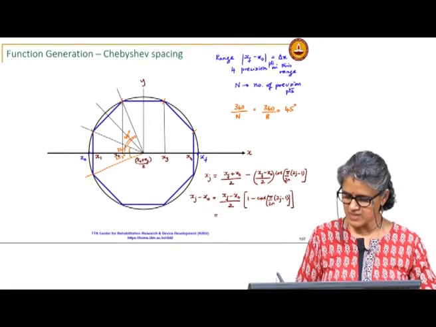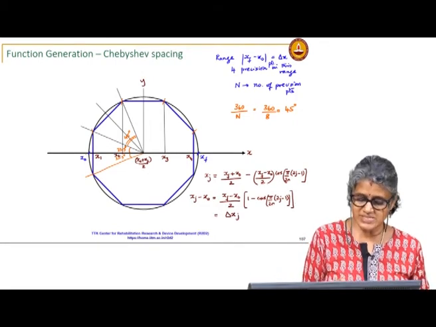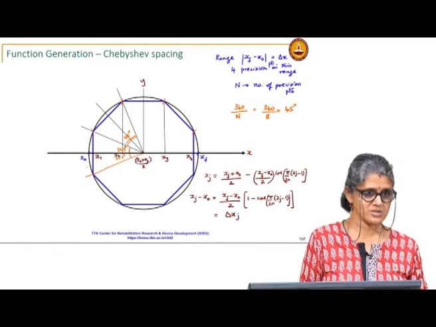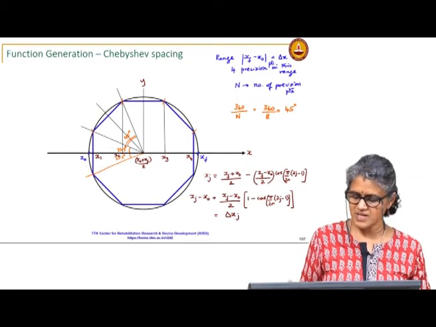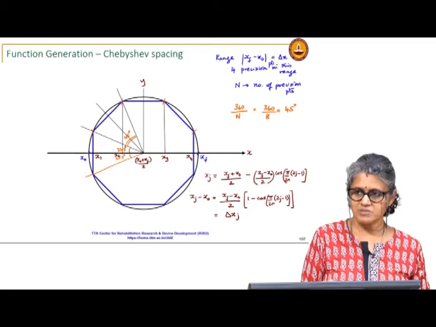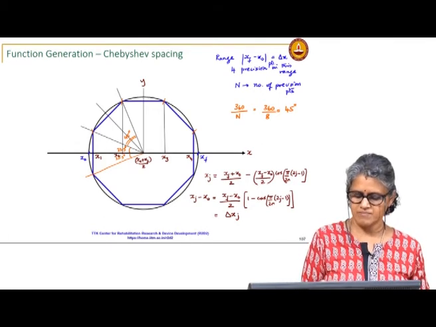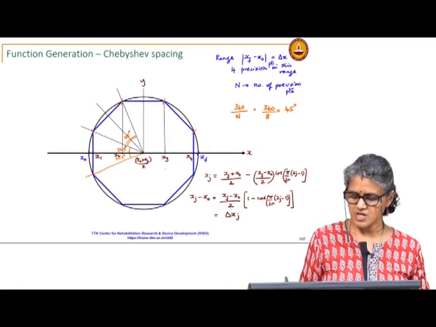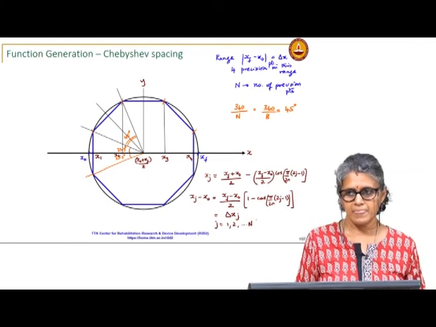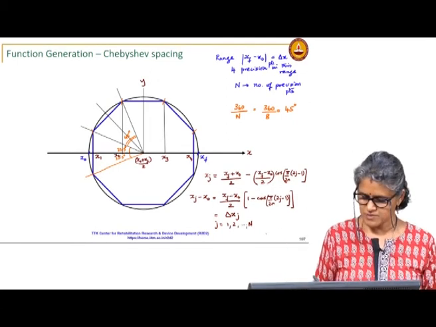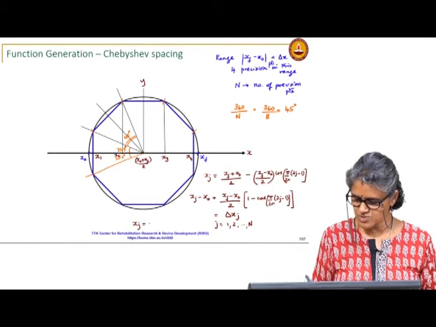This is delta xj, the distance of a precision point from x naught. j takes the values 1, 2 to n, the precision points, so xj is x naught plus delta xj.